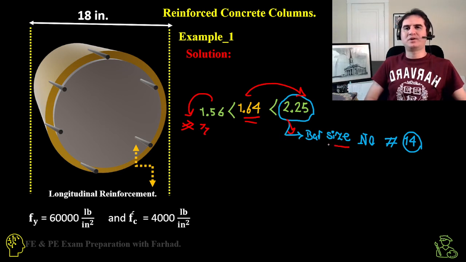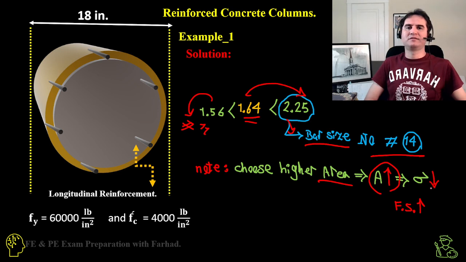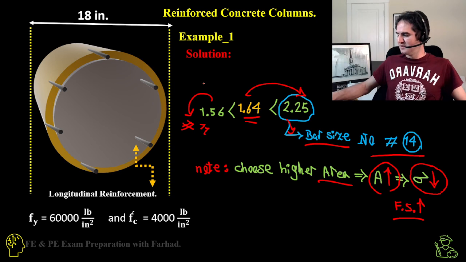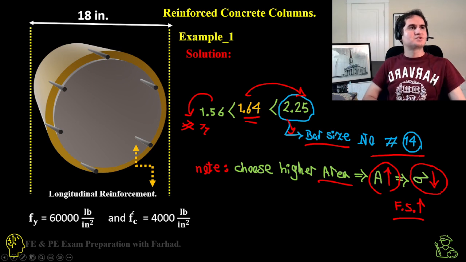So that's bar size number 14. By increasing the area, we decrease the stress on the bar and structure, and that's in the direction of increasing the factor of safety. We'll work through more examples on short and long columns and slender columns in the next few videos. Thank you.